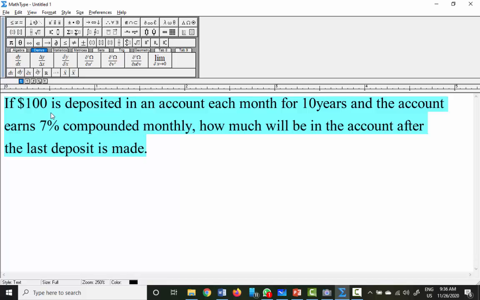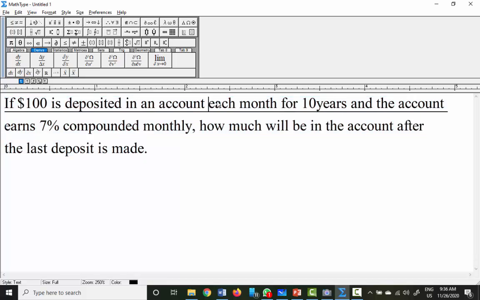So multiple payments, that means annuity each month. So in 1 year you will make 12 payments of $100, and in 10 years you will make 120 payments of $100 each. So this is annuity. There is no doubt about that.